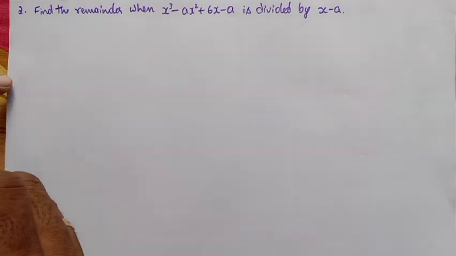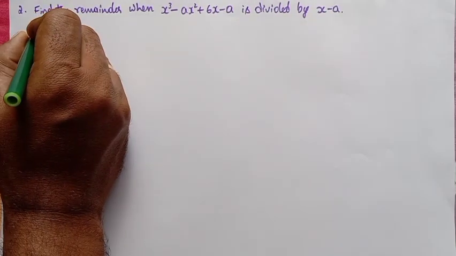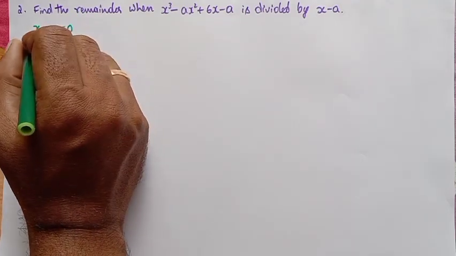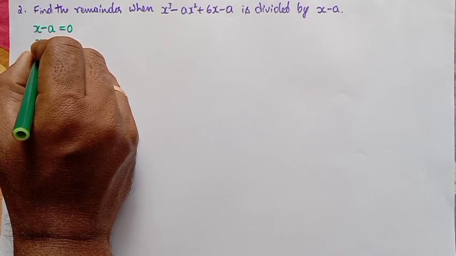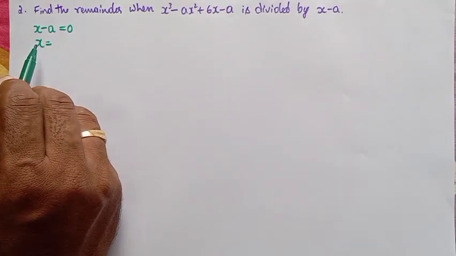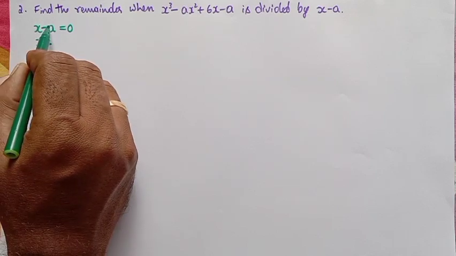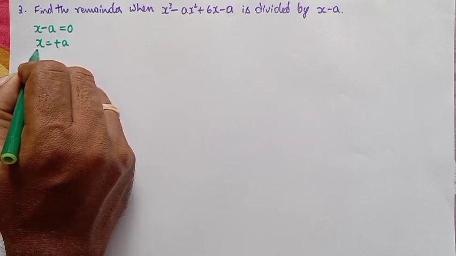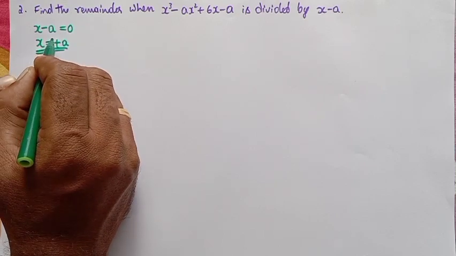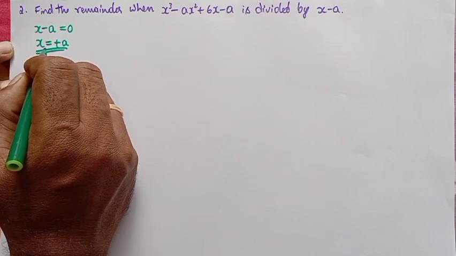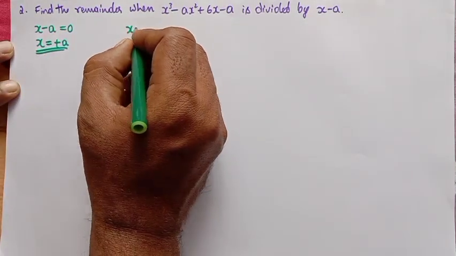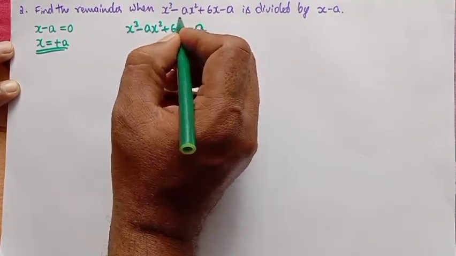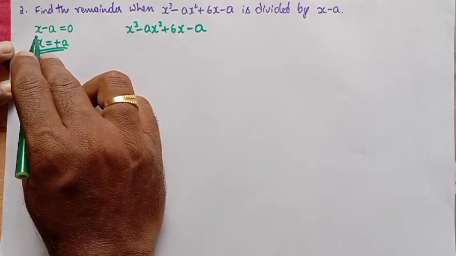To calculate the remainder, firstly we have to take the binomial x minus a and equate it to 0 to calculate the value of x. So the value of x is equal to, when this a shifts to the RHS, the sign changes, that is plus a. So let us substitute the value of x in the given polynomial x cube minus ax square plus 6x minus a to find the remainder when divided by x minus a.